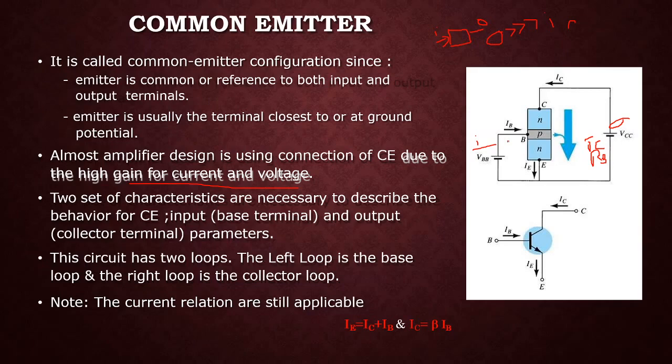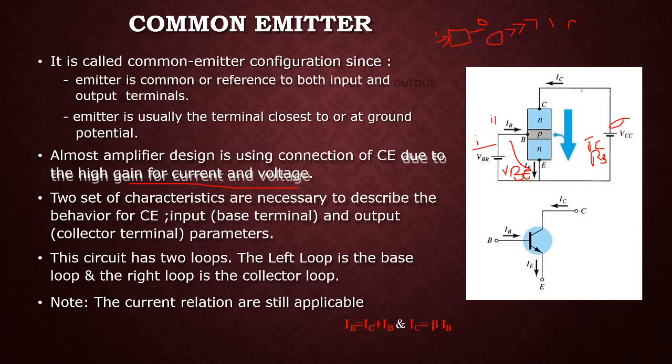In this, the input voltage is at the base, so the voltage between the base and emitter terminals is indicated by VBE, and the current flowing into the base is indicated as IB. So this becomes the input current.